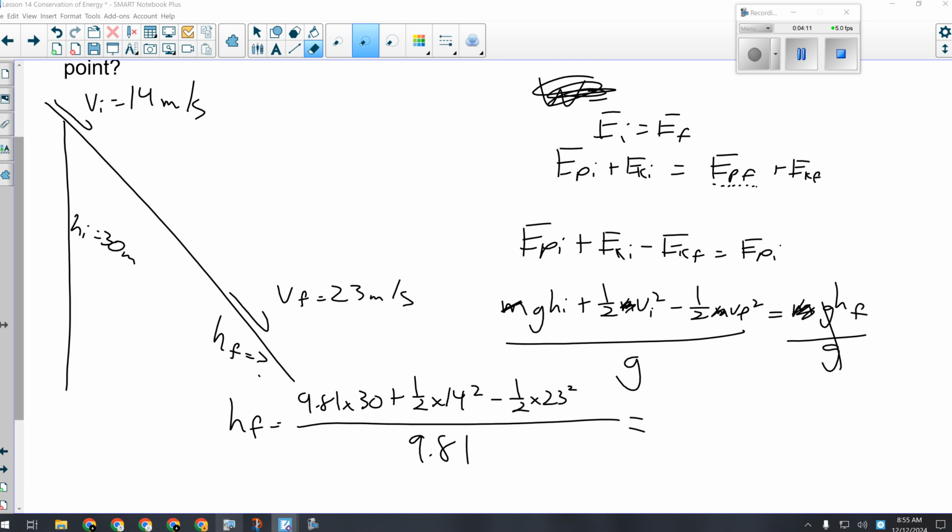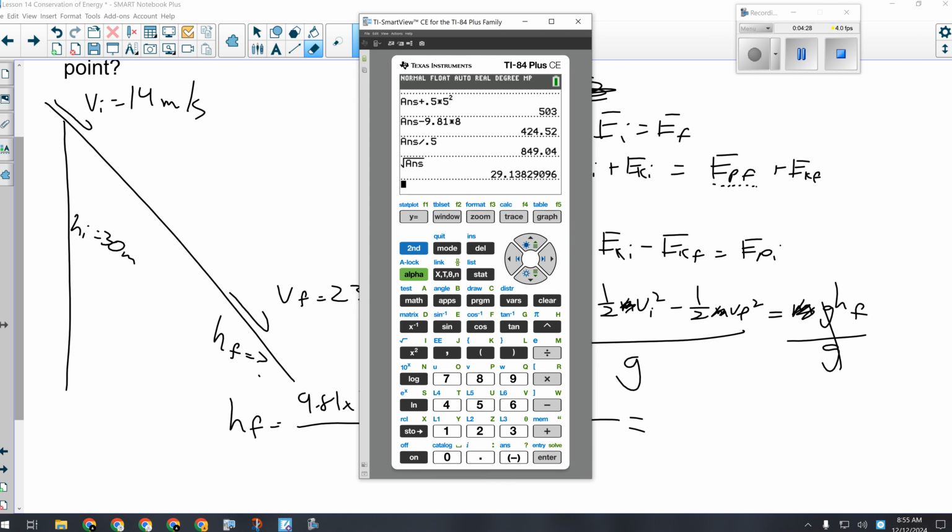Now I'll have to wait for the hamster to wake up. So 9.81 times 30 plus 0.5 times 14 squared minus 0.5 times 23 squared, and then divided by 9.81.